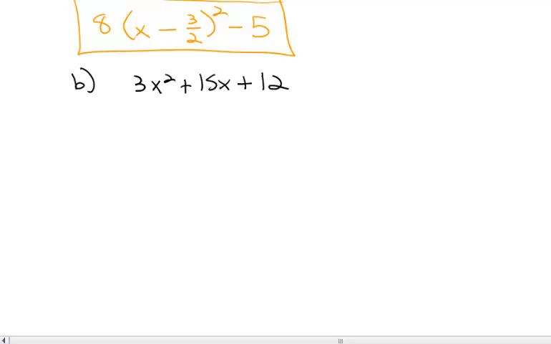Change the problem a bit, make it a little more interesting. Same 3 steps we're going to go through again. First, we're going to factor a out of the first 2 terms. So when we factor a 3 out, we're left with x squared plus 5x plus 12.